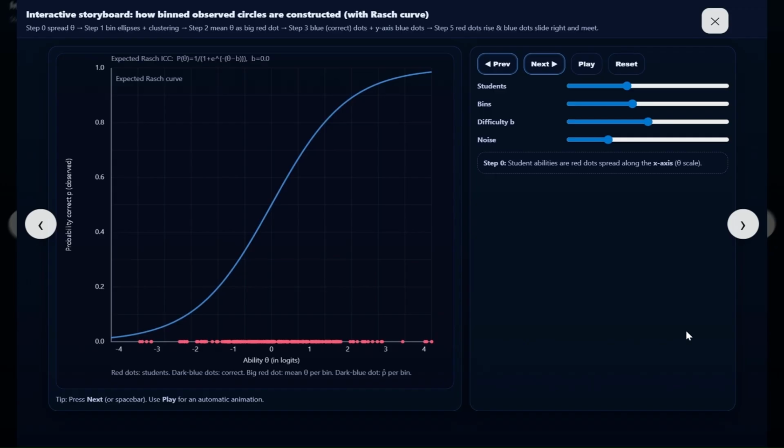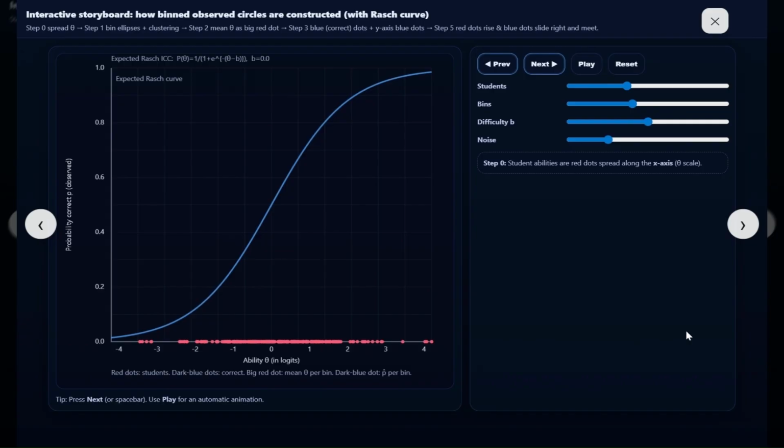The Rasch software assigned each student an ability and each item a difficulty, and from that it can compute the Rasch curve, which is the item characteristic curve.